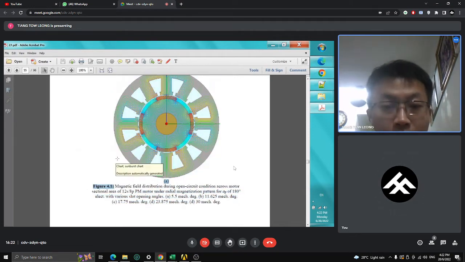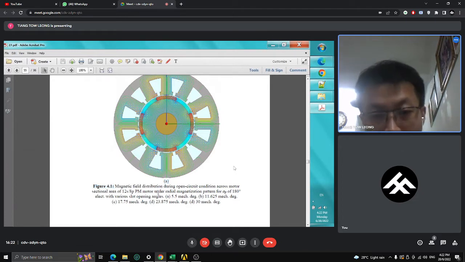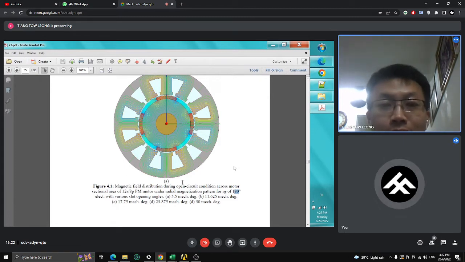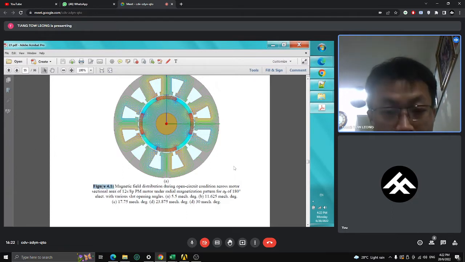Figure 4.1 only gives 180 degree of slot in the various slot opening. Yours is only a fixed slot opening but changing magnet pole span, right? Yeah, 120 until 180. Okay, so you figure it out.